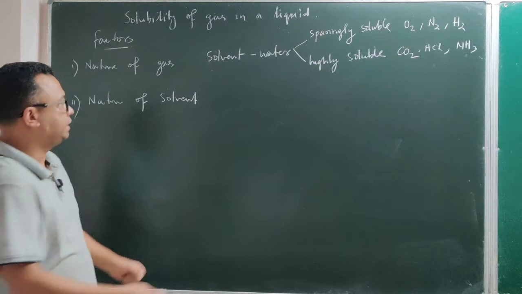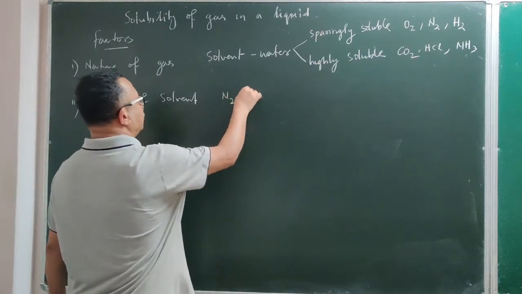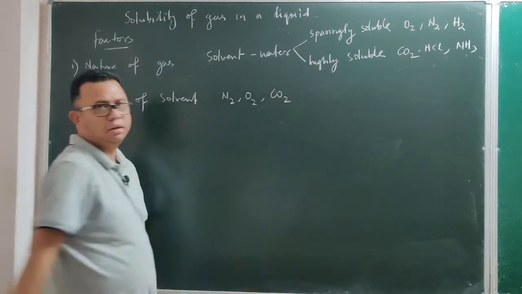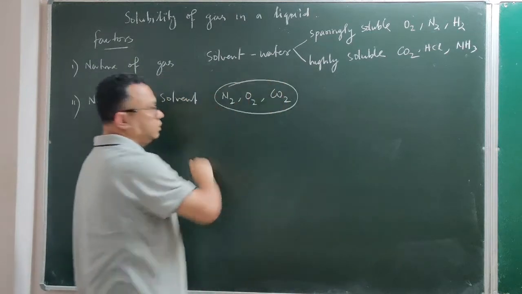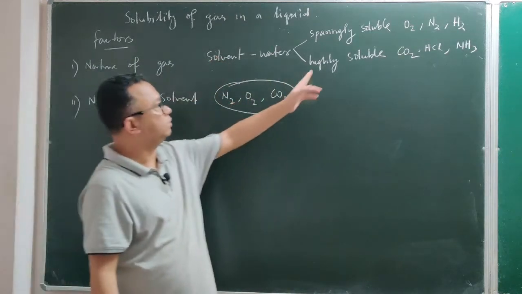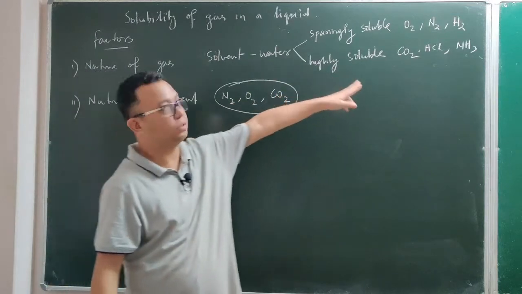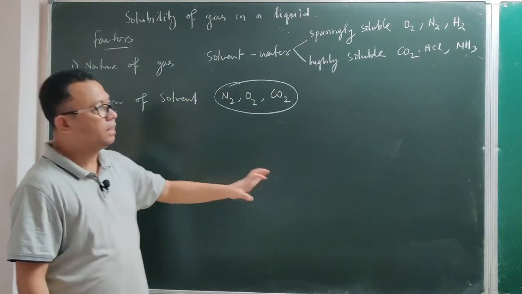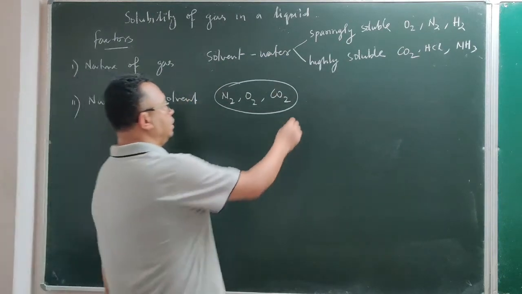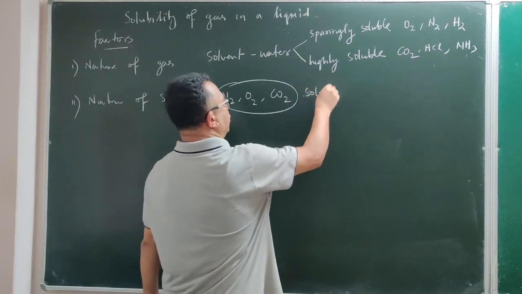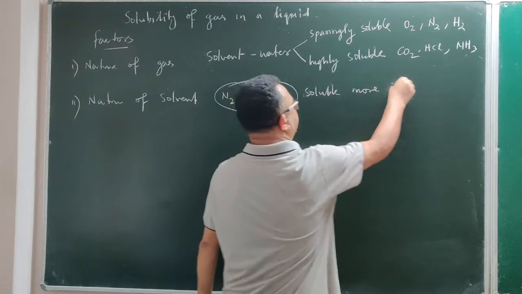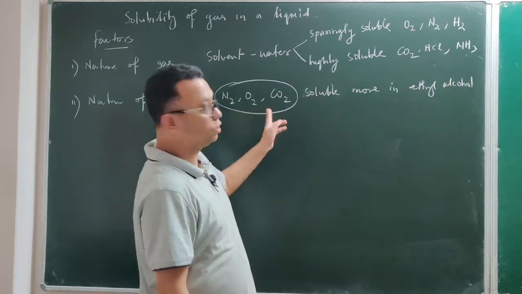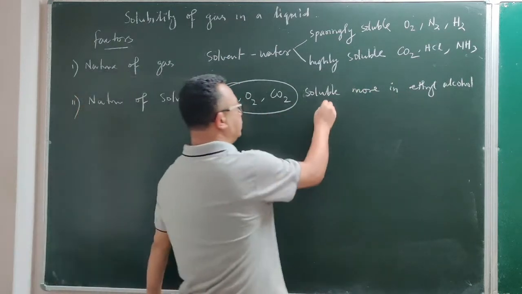If you are talking about gases like nitrogen, oxygen, or carbon dioxide, you can see nitrogen and oxygen are on the top and carbon dioxide is on the bottom with respect to water, but still I am grouping them together. These gases are more soluble in ethyl alcohol than in water.